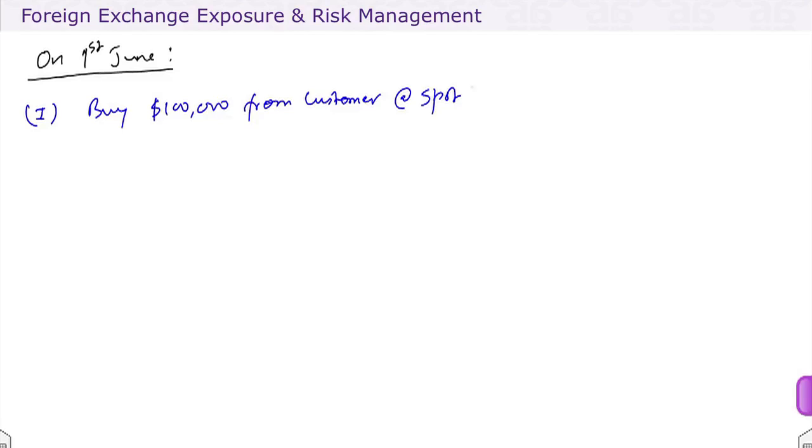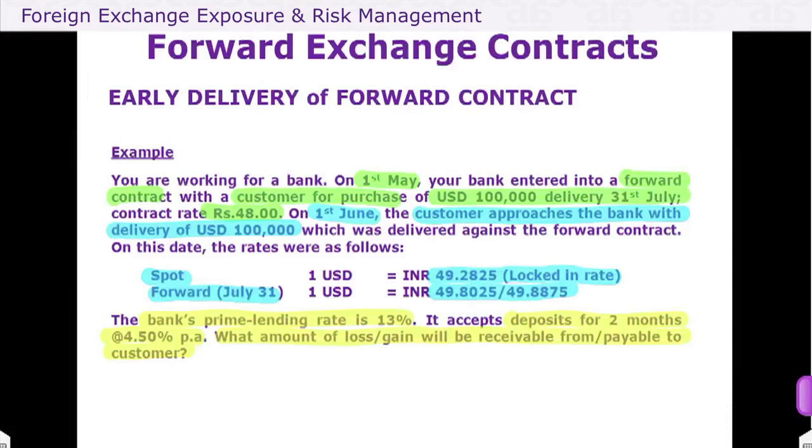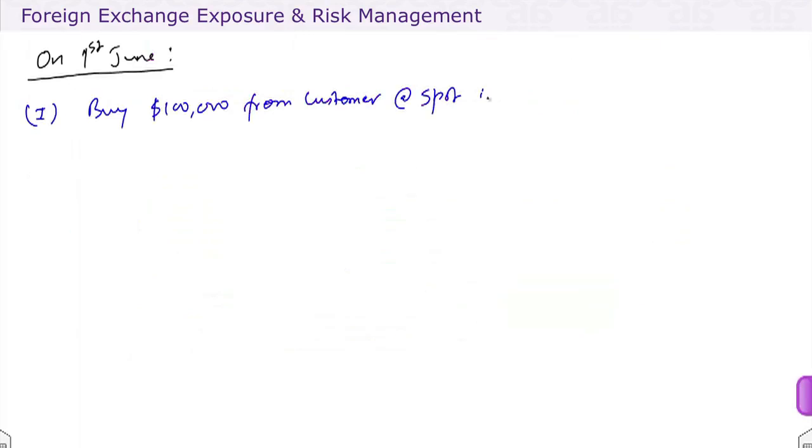So the spot rate applicable on 1st of June is 49.2825, which is even the locked in rate. So the buy and sell rate in this case is same.